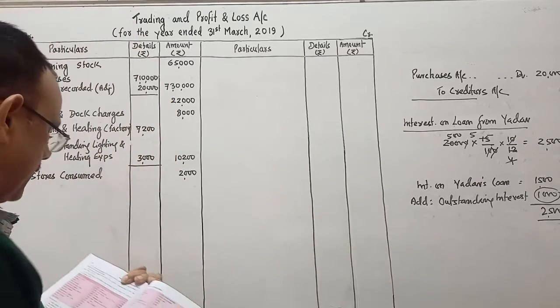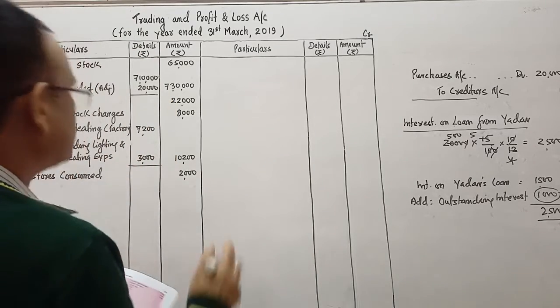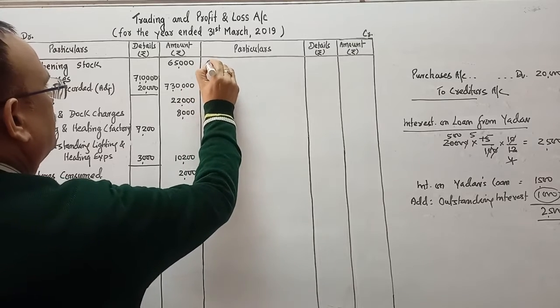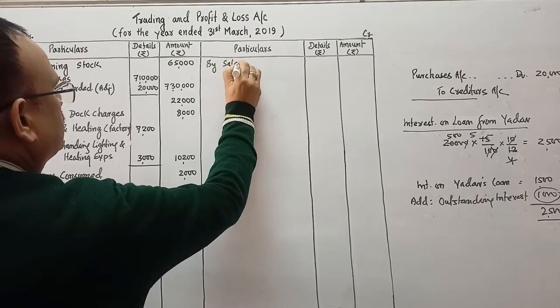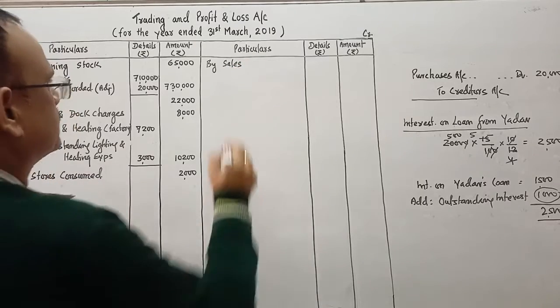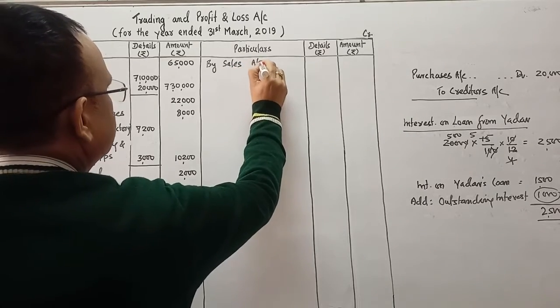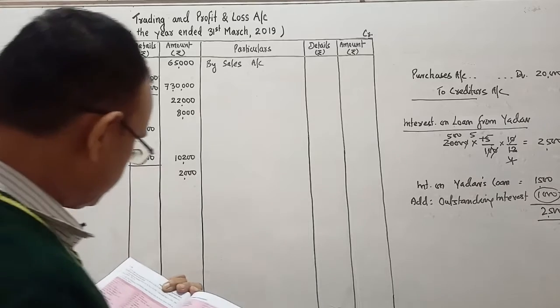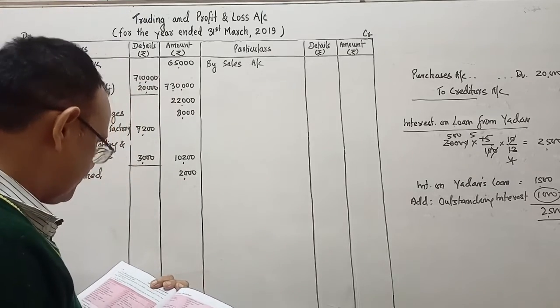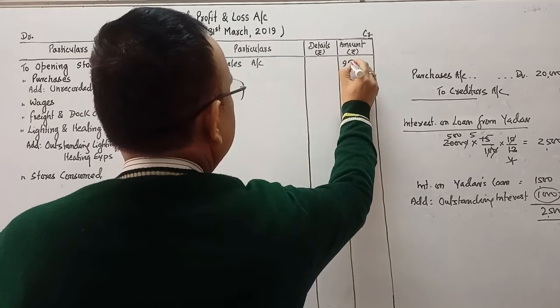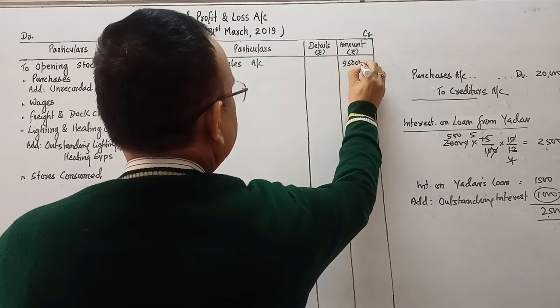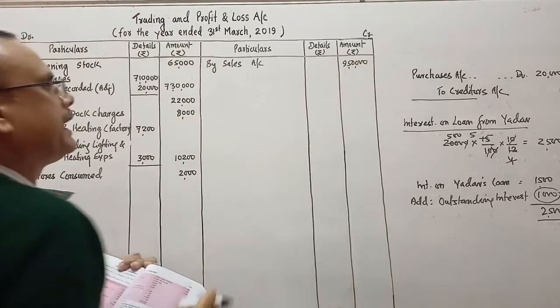On this side, the direct income is sales. There is no sales return or any other adjustment related to sales. So we will write the sales amount directly in the outer column in the credit side of the trading account.